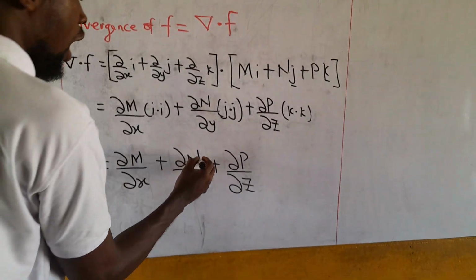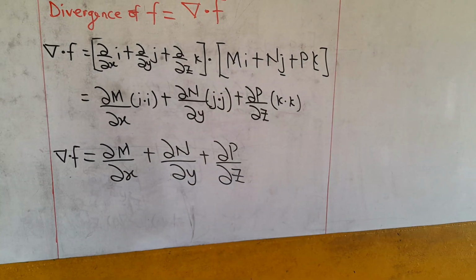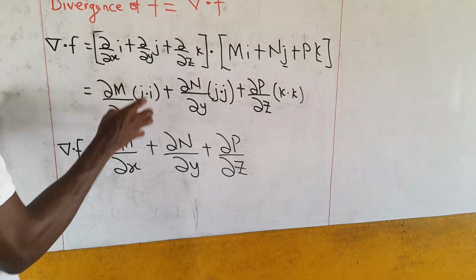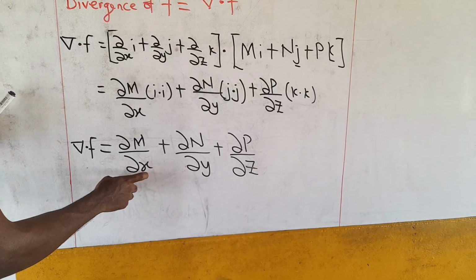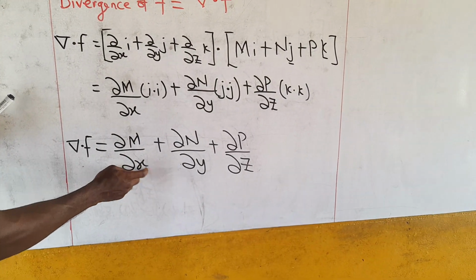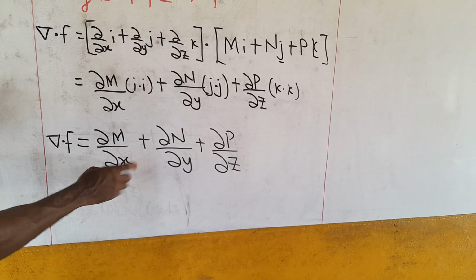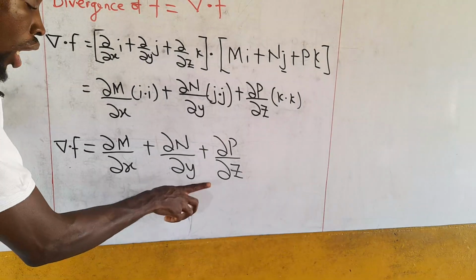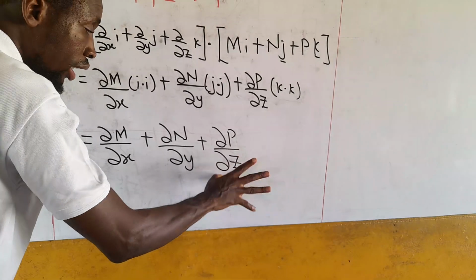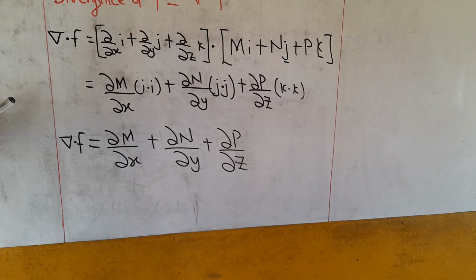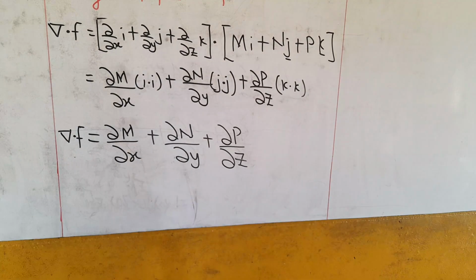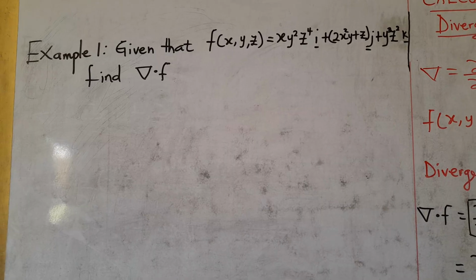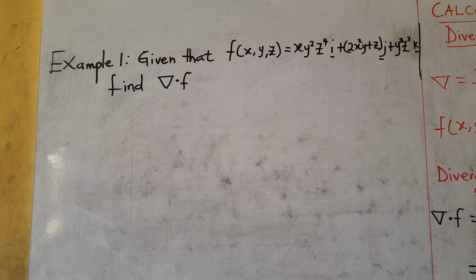So if we are asked to find the divergence of a vector field, we just differentiate with respect to x the i component, with respect to y the j component, then with respect to z the k component, in that order. This is very simple. So we take a sample question, then we try to solve.